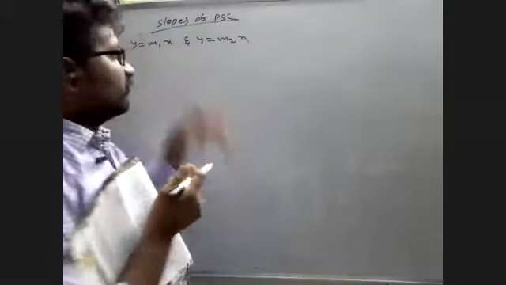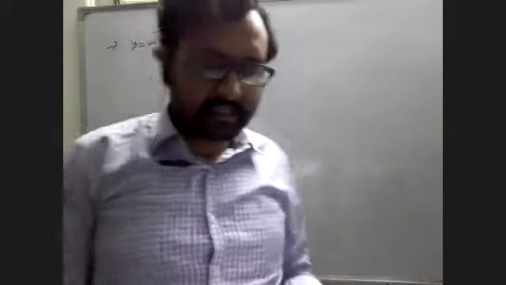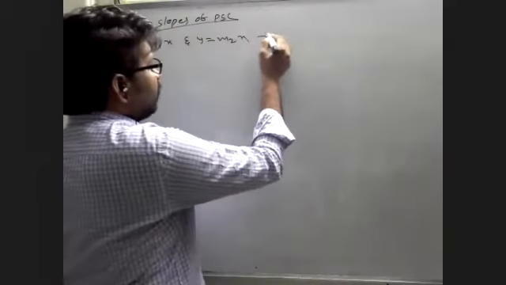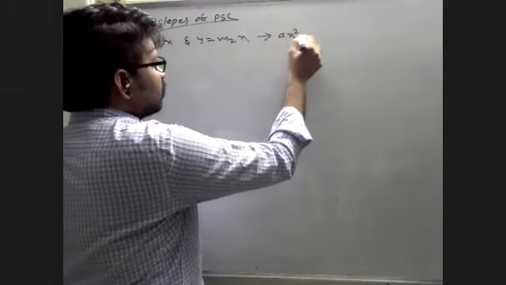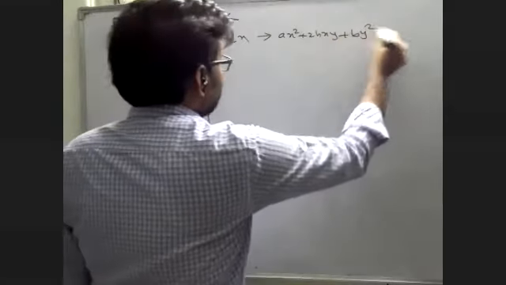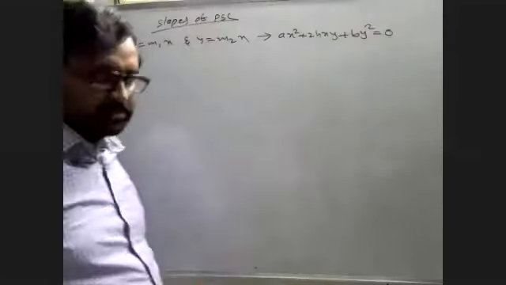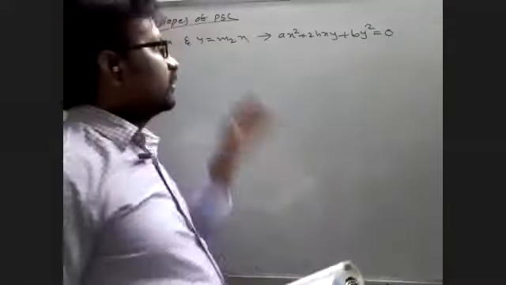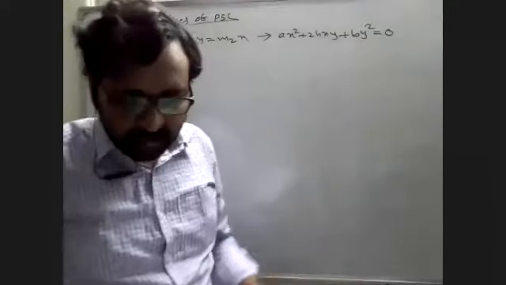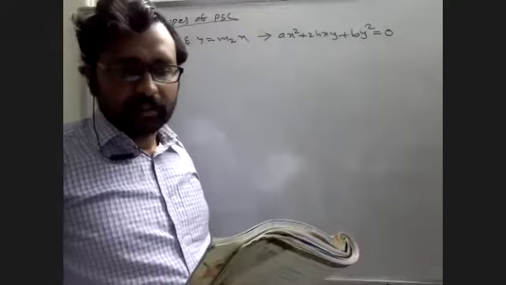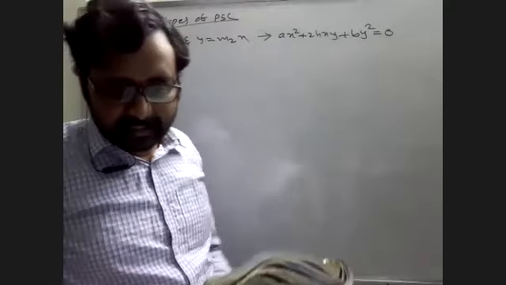If y equal to m1x and y equal to m2x are two lines represented by the pair of lines ax square plus 2hxy plus by square equal to 0, these two are clearly passing through 0, 0. This also passing through 0, 0.